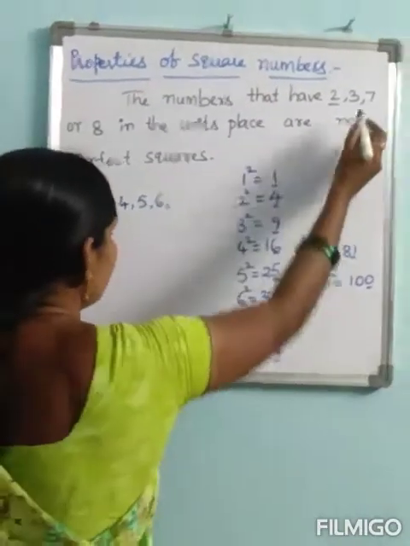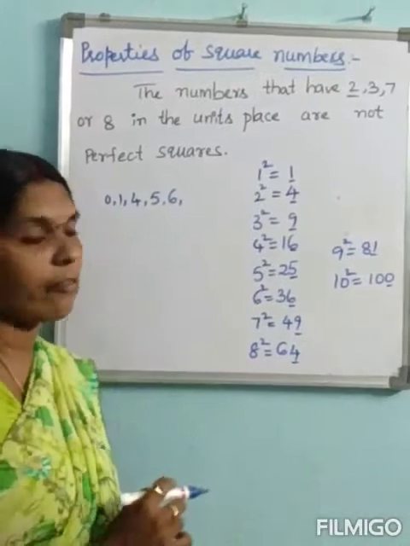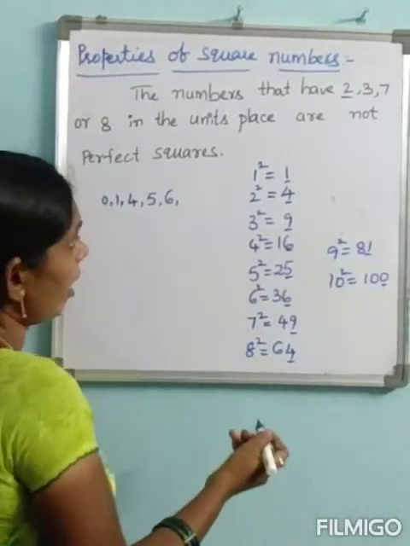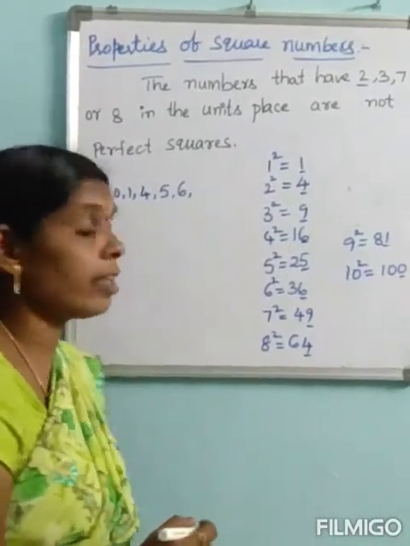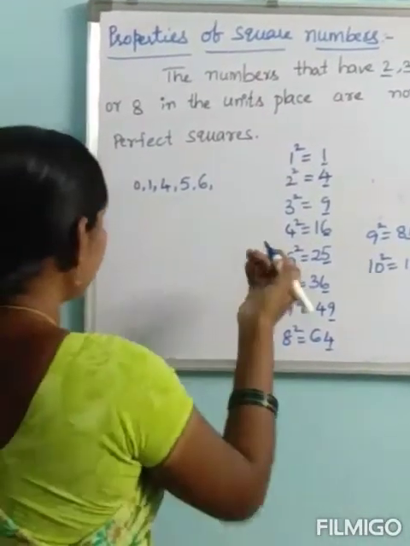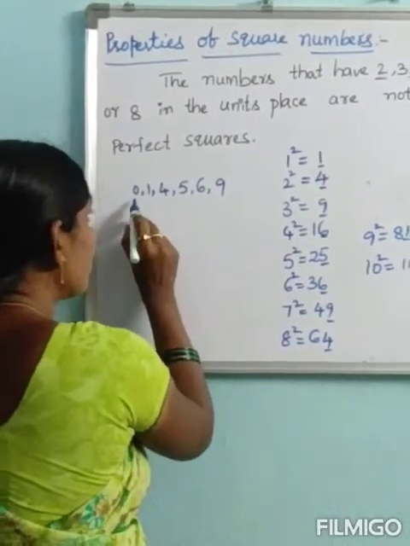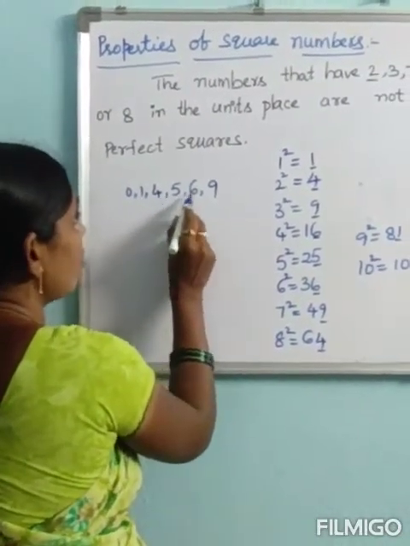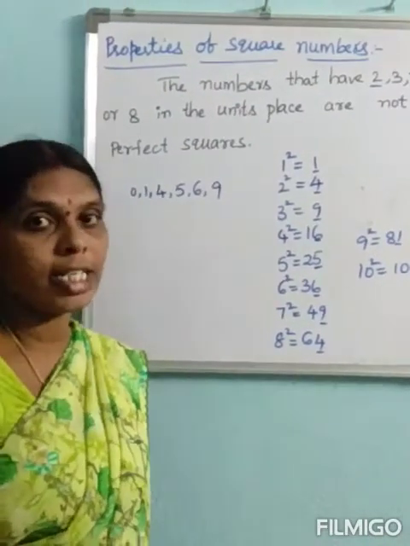No. So 7 is also not in the units place, so that is not a perfect square. Next 8, 8 is also not there in the units place of any number. Next 9 is there. So the numbers having 0, 1, 4, 5, 6 and 9 in the units place are the only perfect squares.